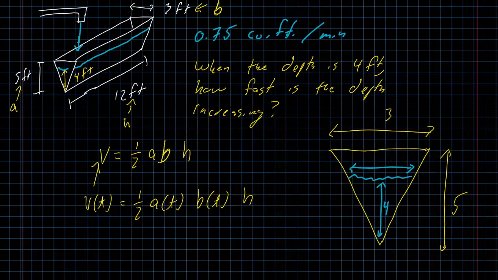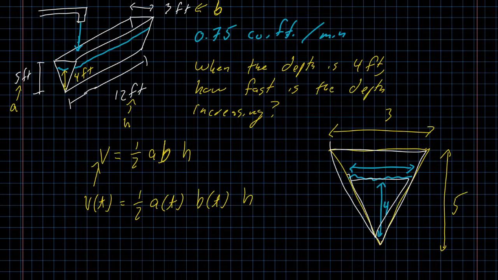But notice that we have some similar triangles going on. The triangle on the outside and the triangle on the inside are going to be similar to each other because the angle in question here is the same. And unless something very strange has happened, the top of the trough and the water level should be parallel to each other.